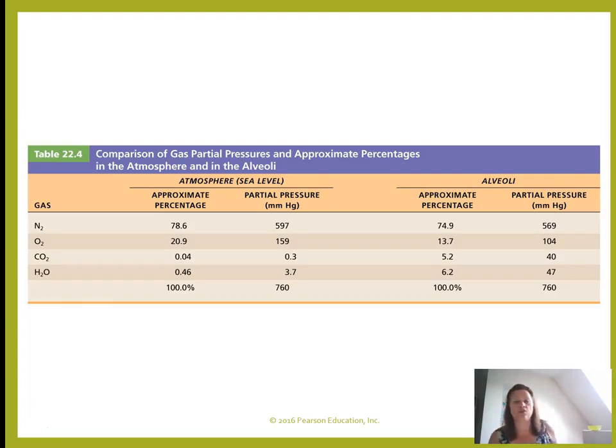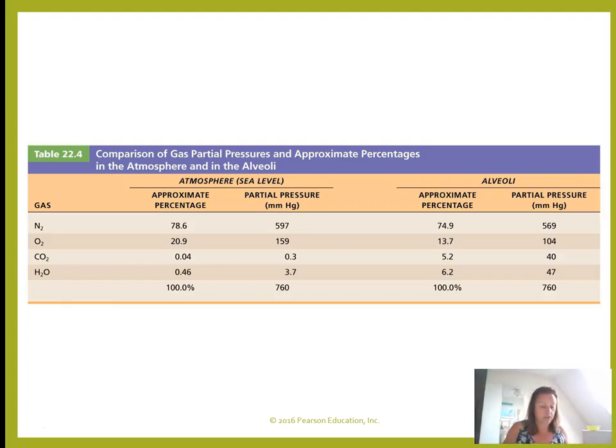And it all comes down to basically the partial pressure of the gas in each location. So gases have basic properties as defined by what's called Dalton's law of partial pressure, and the other, Henry's law. Henry's law describes how gases move, and Dalton's law reveals how a gas behaves in a mixture of gases.